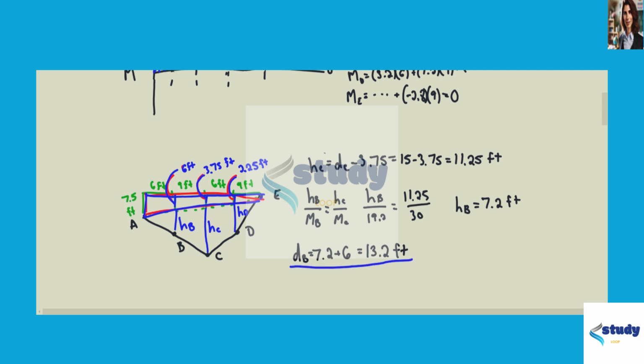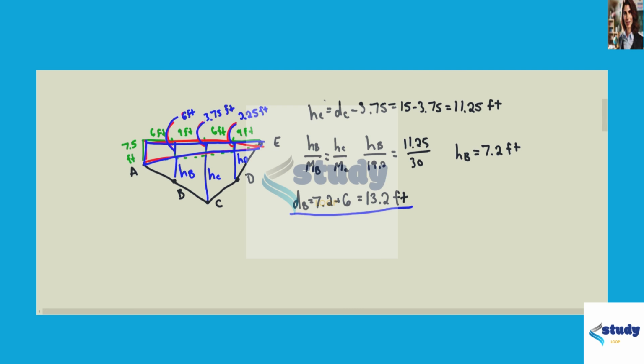Now we're going to solve for the distance of D. HC over MC is HD over MD. And plugging in values, 11.25 over 30 equals HD over 25.2.